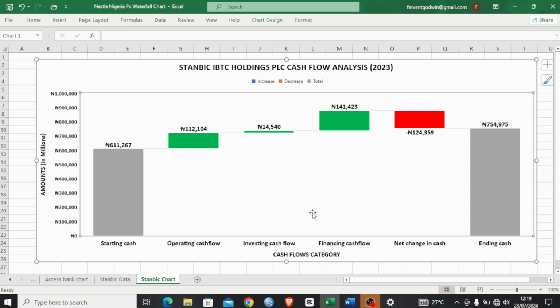Definitely, their starting cash for 2024 will be 754.9 billion naira. So the ending cash for the previous year is the starting cash for the current year, and the ending cash for the current year will be the starting cash for the succeeding year.